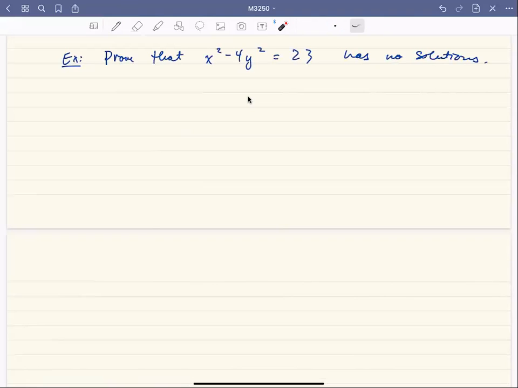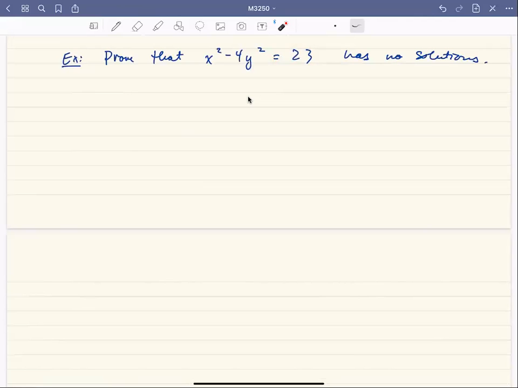Okay, and I was going to say there's nothing special about 23. That's not true. This obviously, the statement is false if you replace 23 with others, right? If you had 25, say, you could pick x is 5 and y is 0. So you have to pick certain numbers here, and I'll show you what those numbers are. But we want to prove that x squared minus 4y squared equals 23 has no solutions.